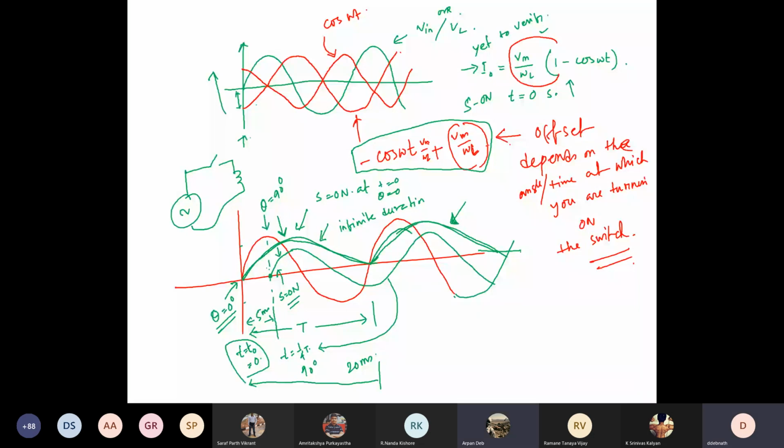Sir, when we are saying that we are turning the switch on at 90 degrees, or at t equal to t naught, then what is the reference of t equal to 0? Generally we have not done any operation prior to switching the circuit. So what will be your reference of t equal to 0? Okay, everything I am defining with respect to the source voltage waveform.